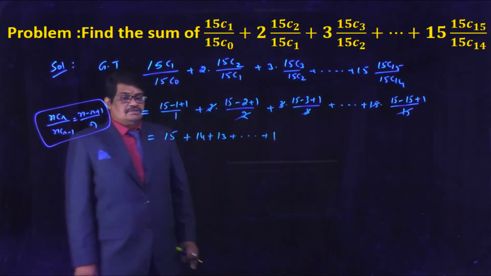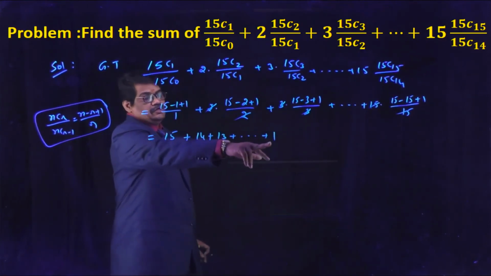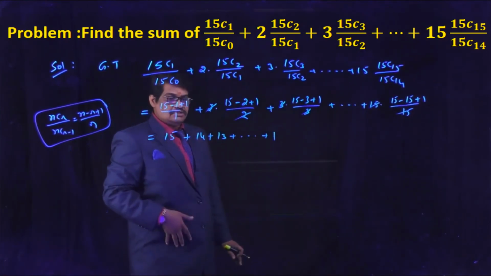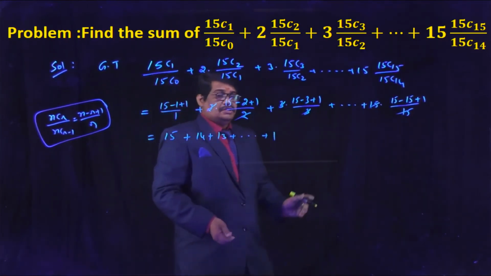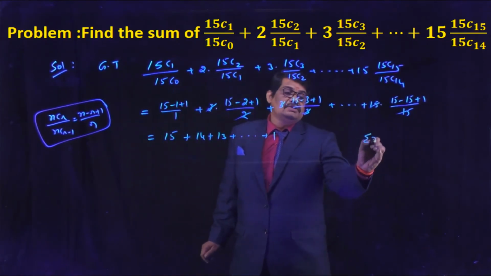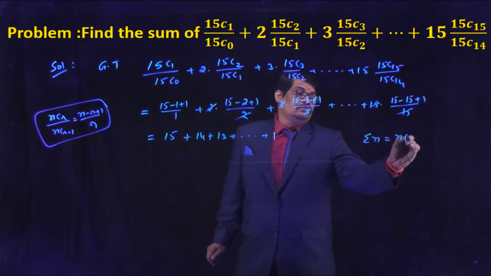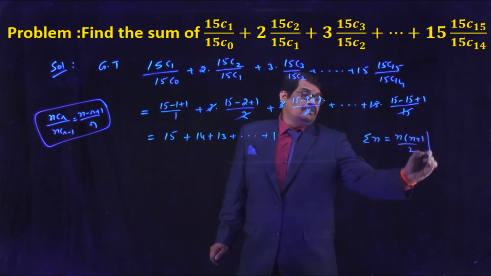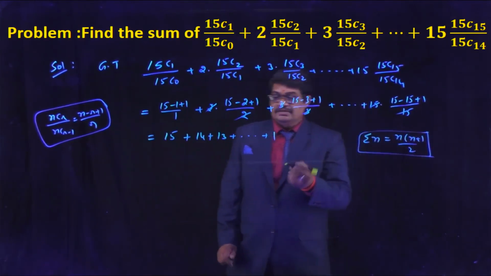This is the sum of the first 15 natural numbers. What is the sigma n formula? It is sigma n equals n into n plus 1 by 2, the sum of n natural numbers. Here n is 15.